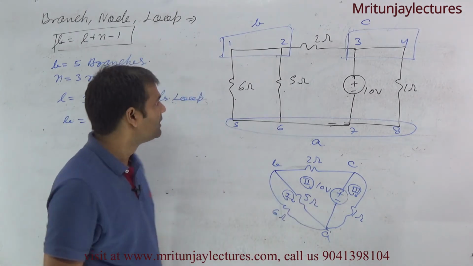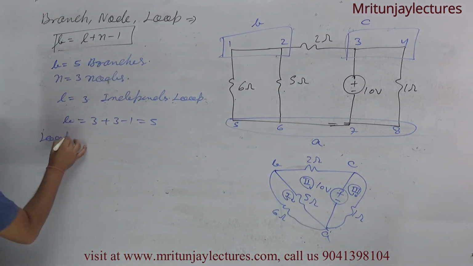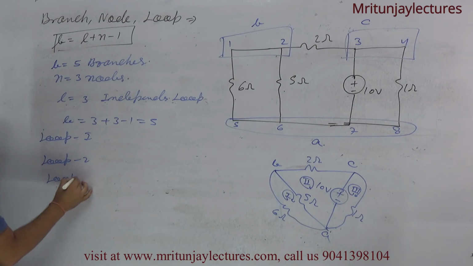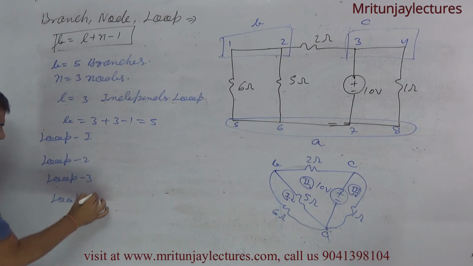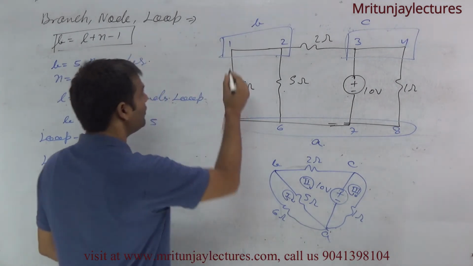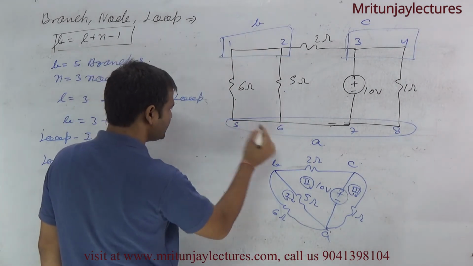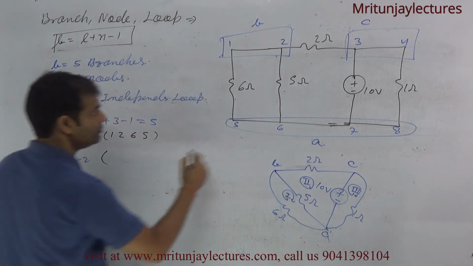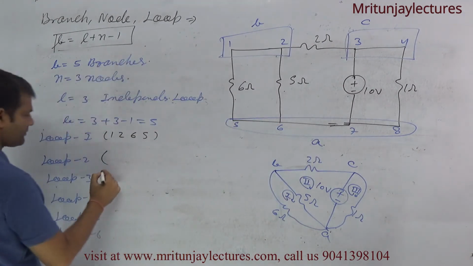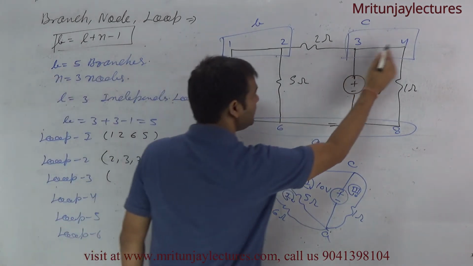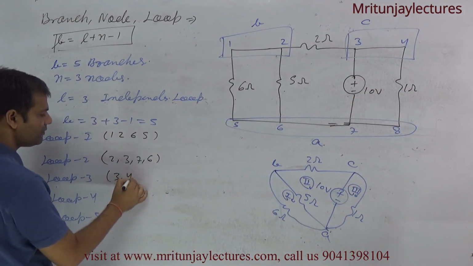3 independent loops are written first here: loop number 1, loop 2, loop 3. Are loop 4, loop 5 and loop 6 possible? Suppose loop number 1, check it: 1 2 6 5. Now loop 2: 2 3 7 6, and loop 3: 3 4 8 7.